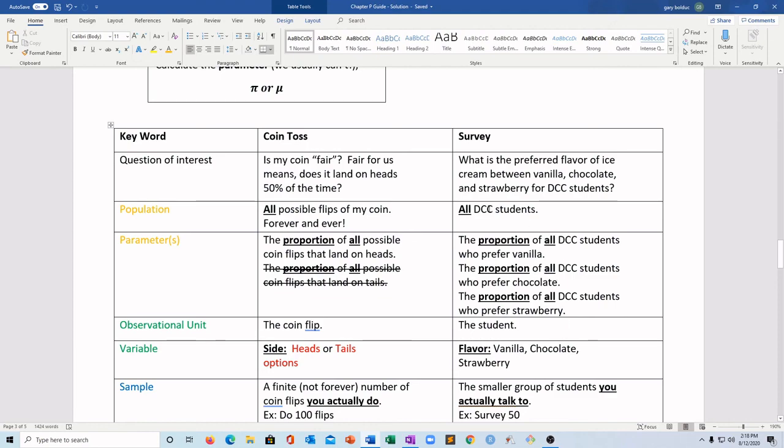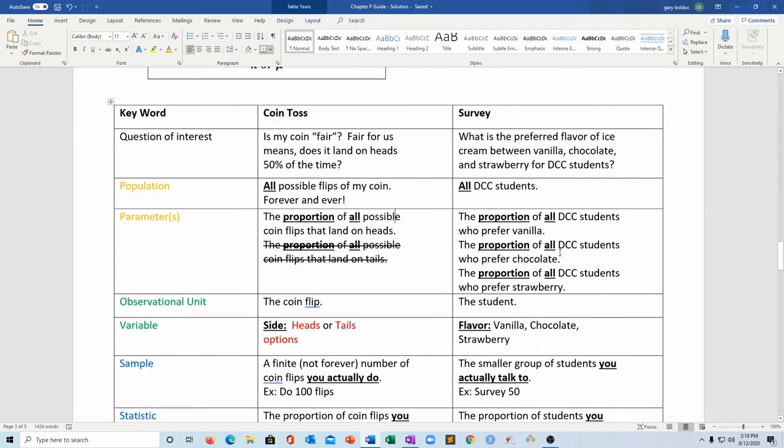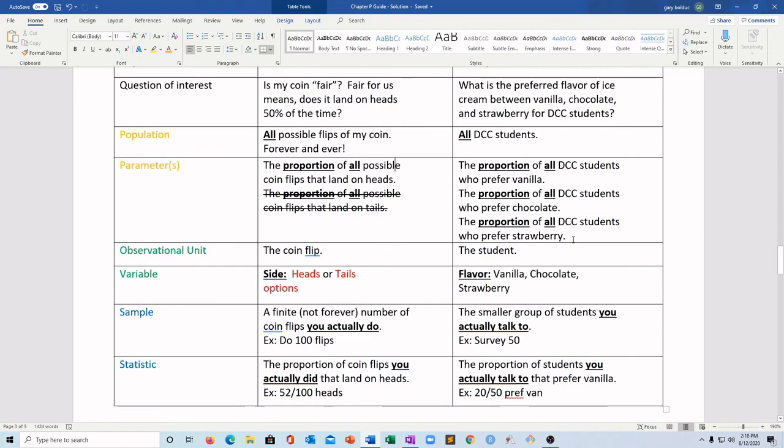Similarly, for whatever reason, I might think, I just want to focus on vanilla here. And you don't have to do this, but a lot of the times there'll be multiple options that we'll just focus on one. So maybe we'll say, I'm really just interested in their preference for vanilla because I think that's going to be the highest. So let me just focus my energy on that for right now.